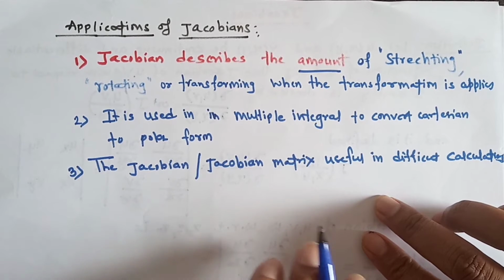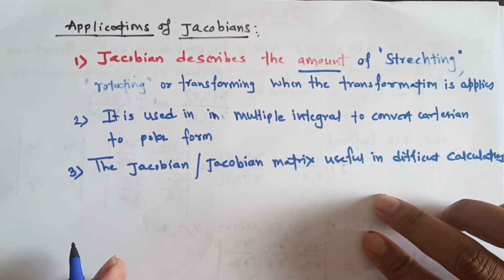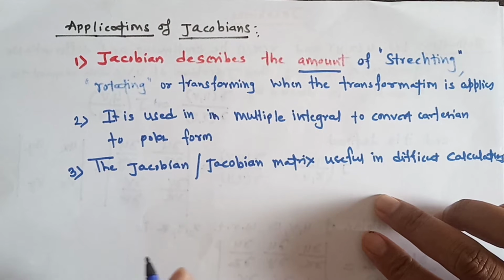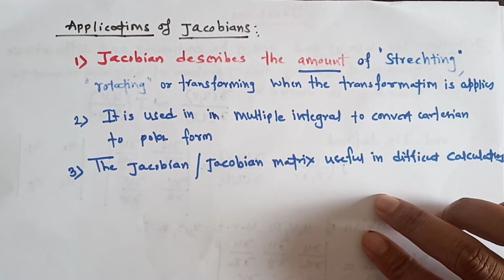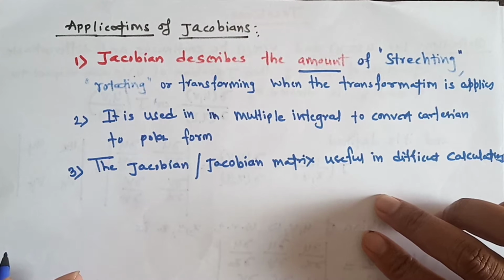So Jacobian is also useful in multiple integrals to convert a multiple integral from one system to another system. Now, in two dimensions, it measures how much the unit area is distorted by a given transformation, and in R3, it measures how much the unit volume is distorted by the transformation.